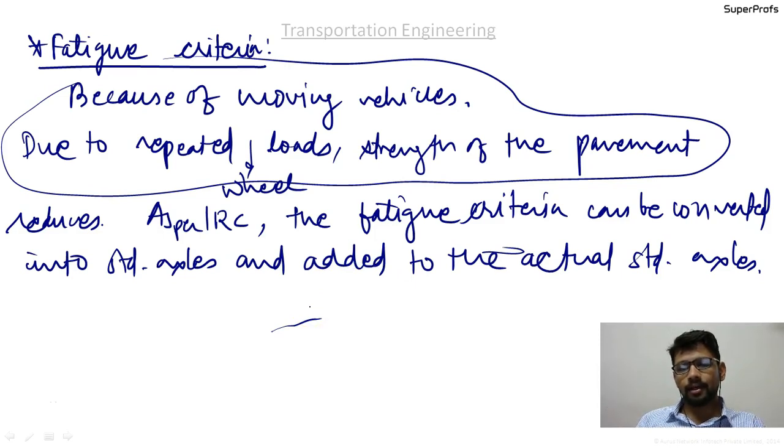Thereby we get the number of standard axles that includes the fatigue effect, and so we get the design including this effect of fatigue. Okay, so next is the rutting criteria.